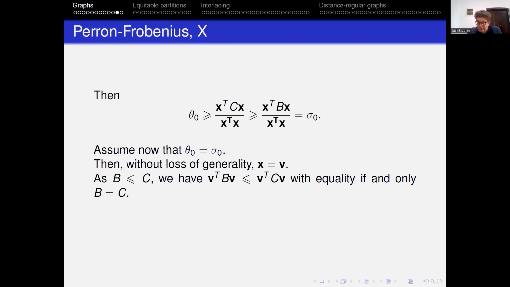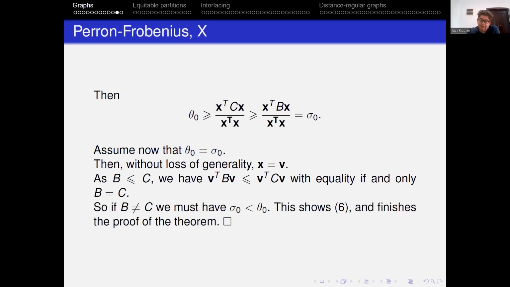The only way you can get equality in this inequality is taking B equal to C. So that shows that if B is not equal to C, sigma 0 is strictly less than theta 0. And this finishes the proof of the theorem. That was a long proof, I'm sorry.